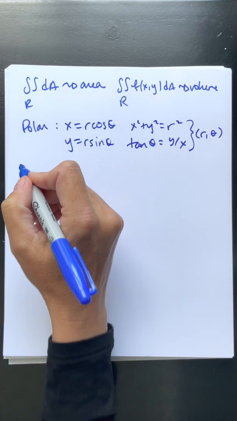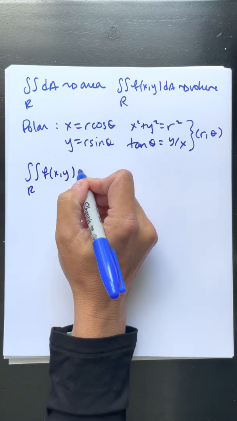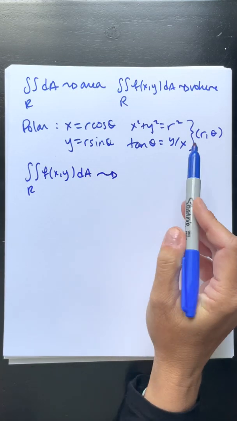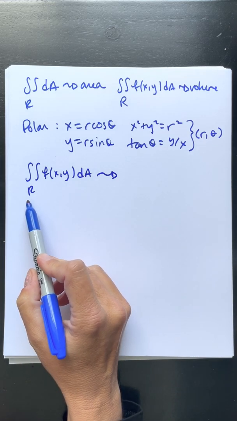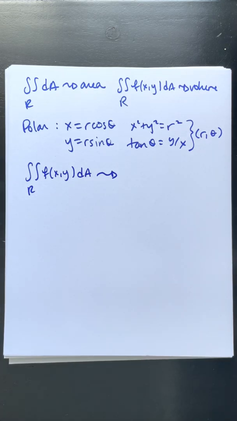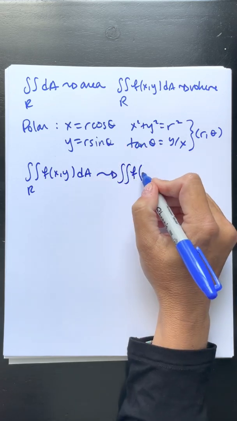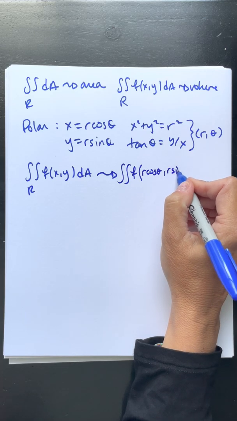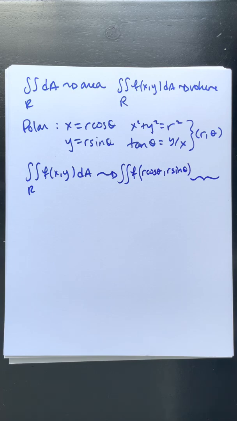So we want to turn a double integral in terms of f of x y dA into a double integral of r and theta. Now this region R is going to be translated into a region in terms of r and theta. So right away, this is going to turn into f of r cosine theta, r sine theta, and then what are we going to put on the end here?